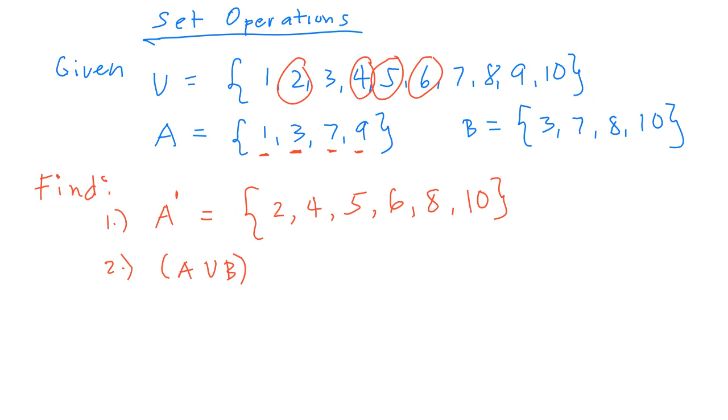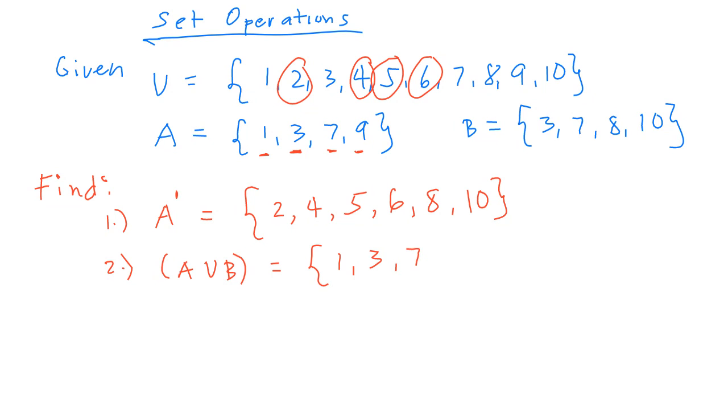When you ask what is A union B, we can just add all of them, whatever is inside A and B. So 1, we have 3, so there is a 3 on A and there is a 3 on B, so just list one of them. That's the similar element.